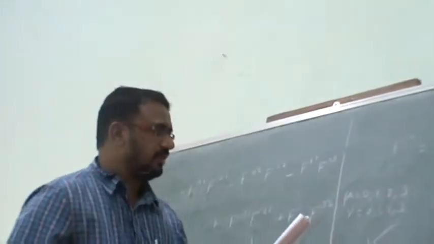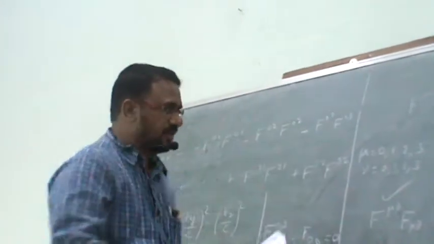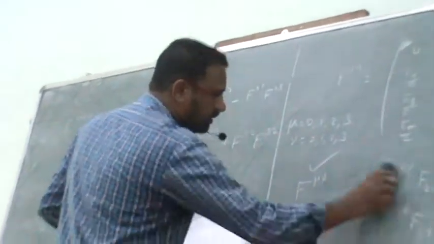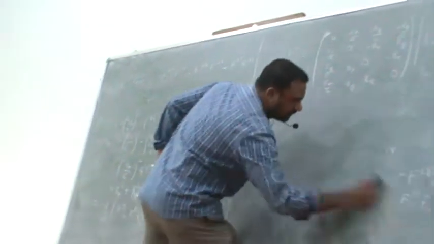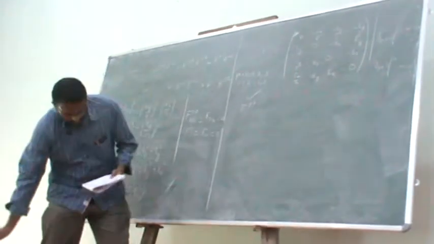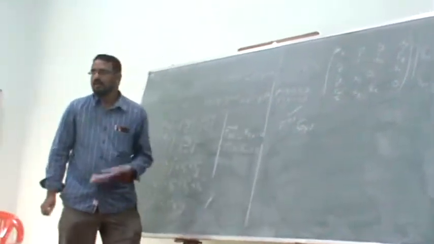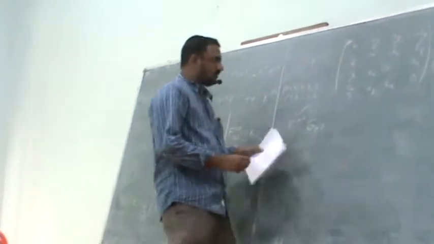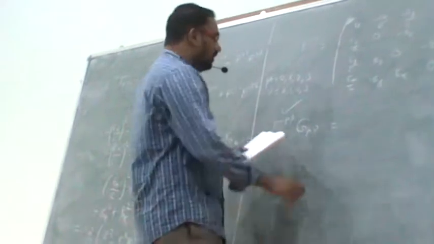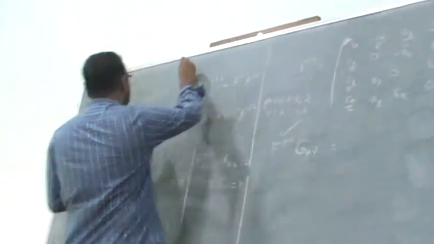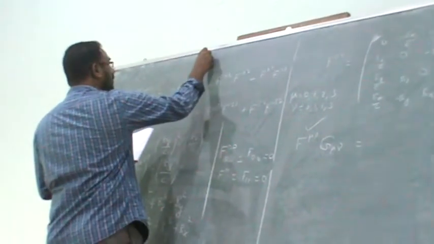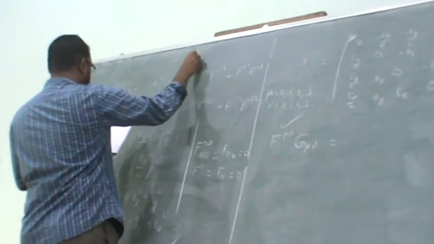So next is the class. Suppose there is one more thing that is also invariant. G mu nu, right? So this is also Lorentz invariant. See, you look at this. For this case, you will get an answer. I'll write down the answer. You can check it.